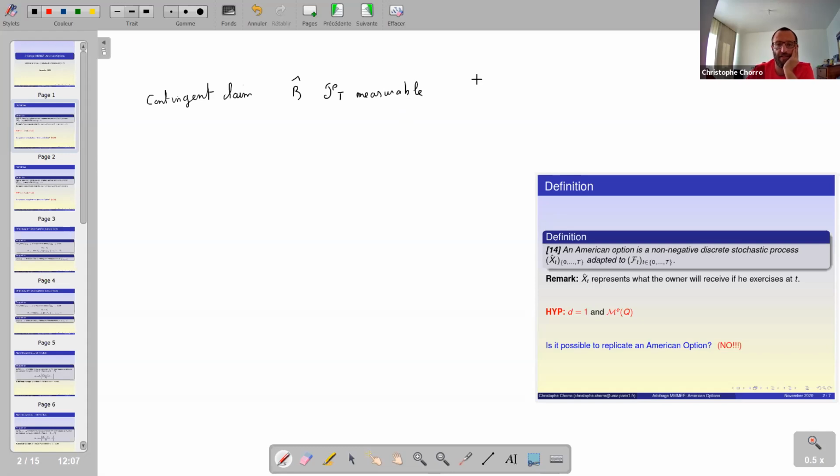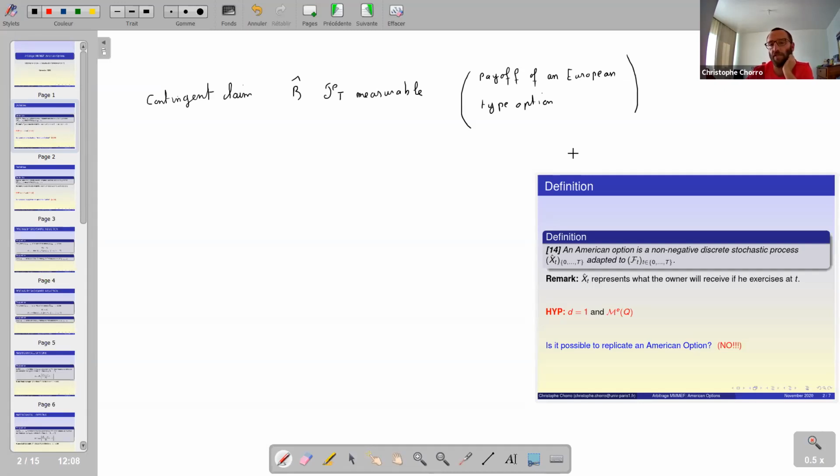And I have said that intuitively, it represents the payoff of a European type option, describing what will happen at capital T if you exercise the contract or not.